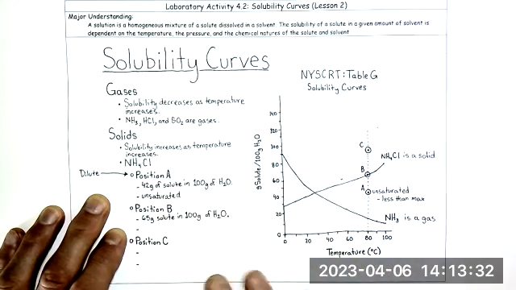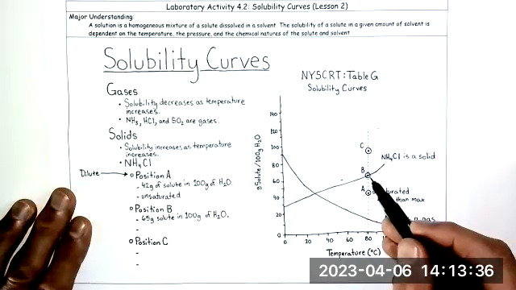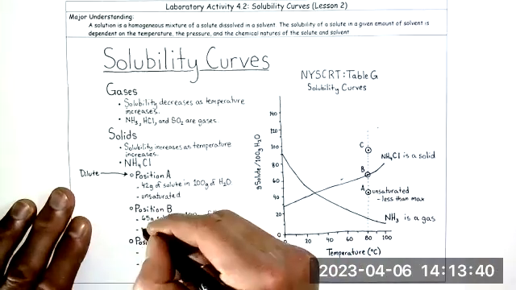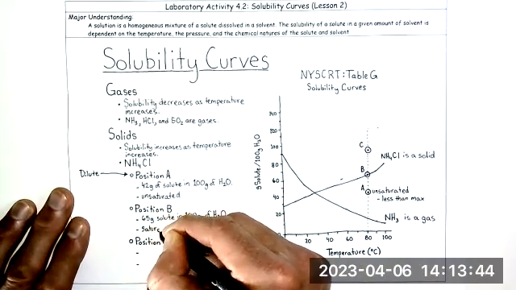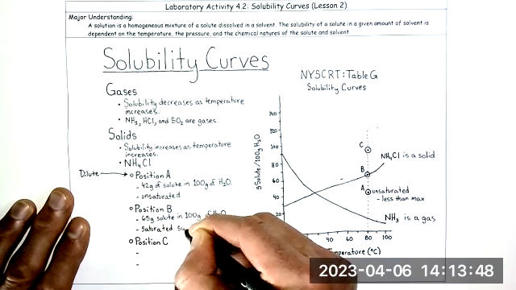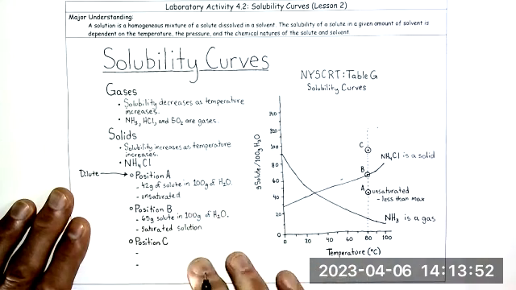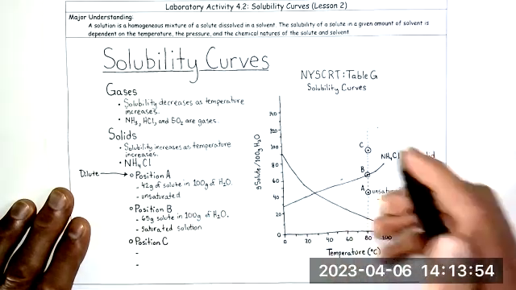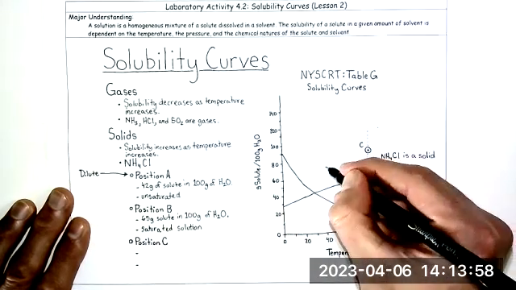Okay, and now because this point is directly on the line of the curve, this would represent a saturated solution. Okay, and so B represents saturated.